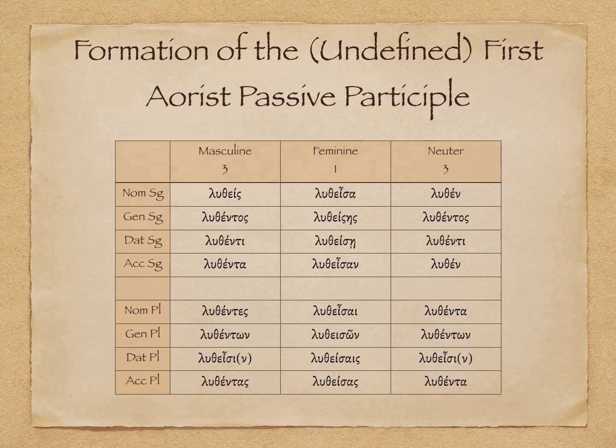And so here is the full paradigm for the first aorist passive participle. Nu tau drops out again in the nominative singular, masculine and neuter. Otherwise, and with the compensatory lengthening a bit, things are very regular here in nominative accusative neuter singular, nominative accusative neuter plural.